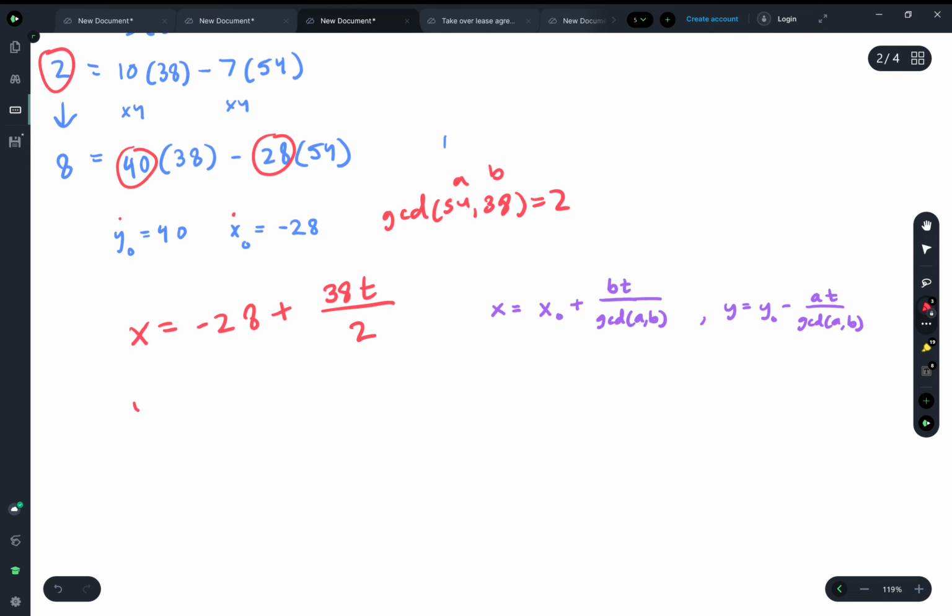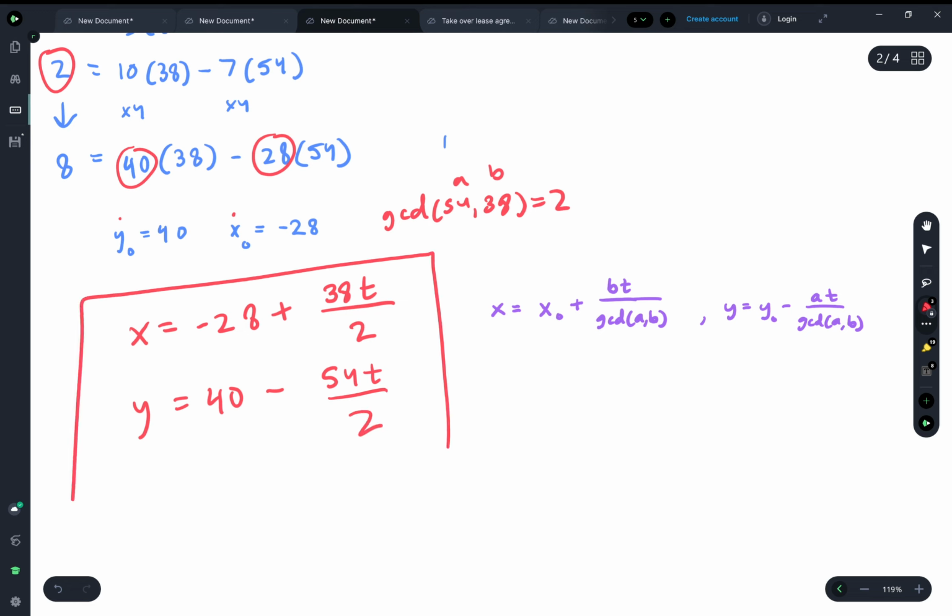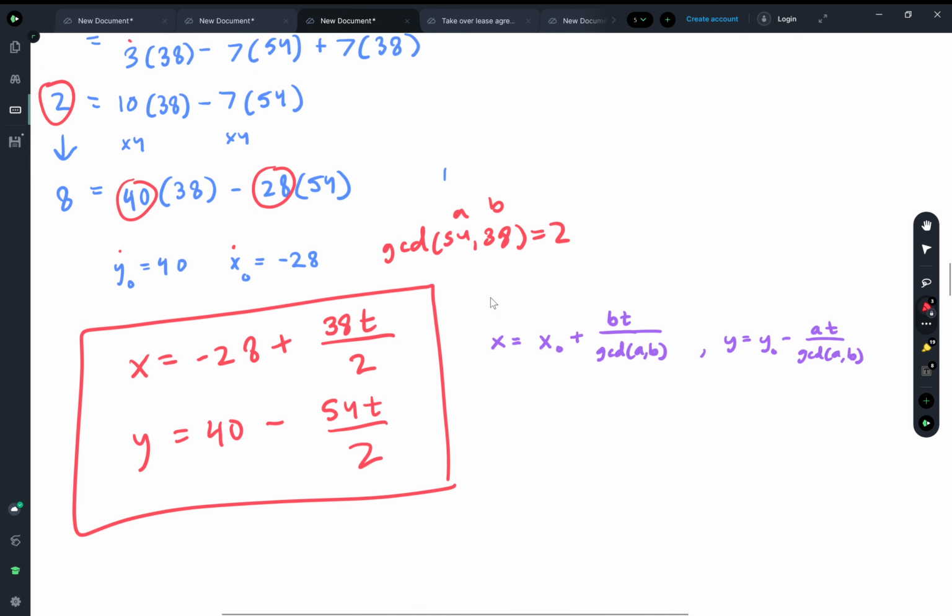And y equals y0, which is 40, minus a, which is 54, times t over 2. And this is our final solution: all the integer solutions to the Diophantine equation that was given above.